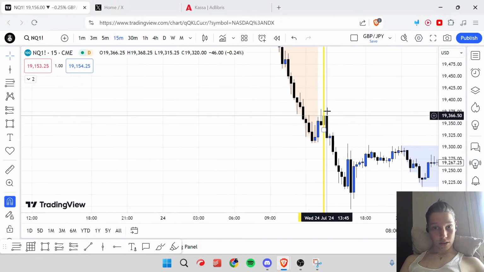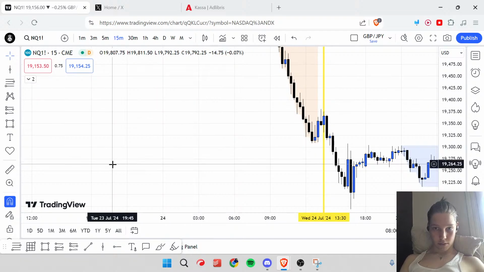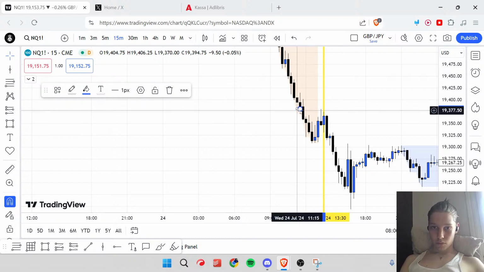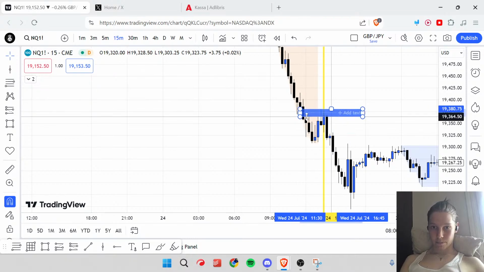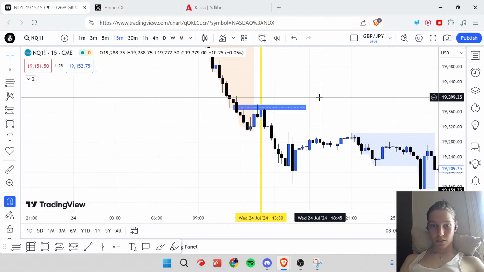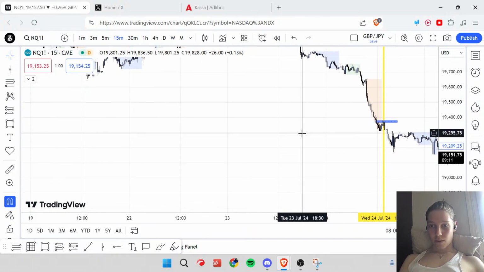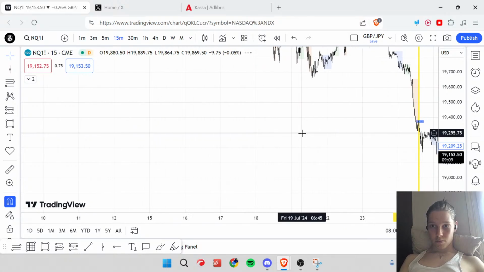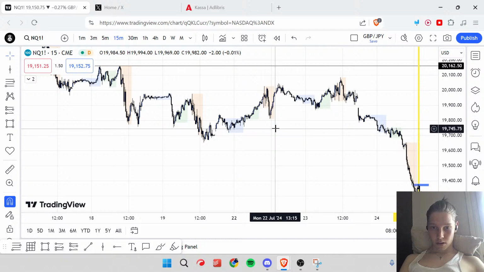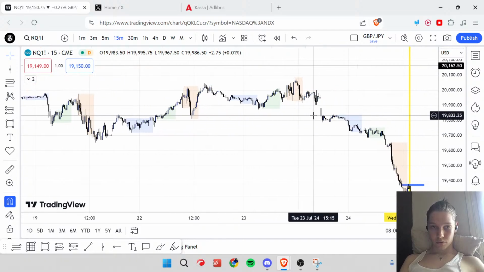At 130 we see a little bit of a pullback, and that's happening towards this gap. So it seems to me that this is not random. It did the pullback exactly at the time that ICT was talking about.